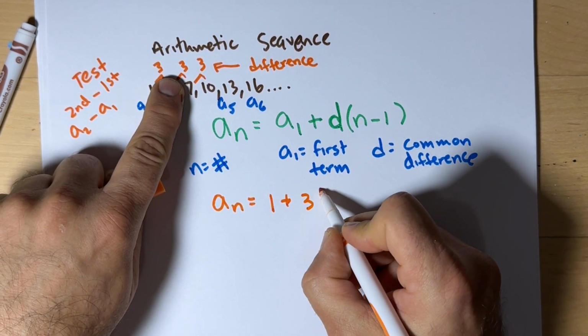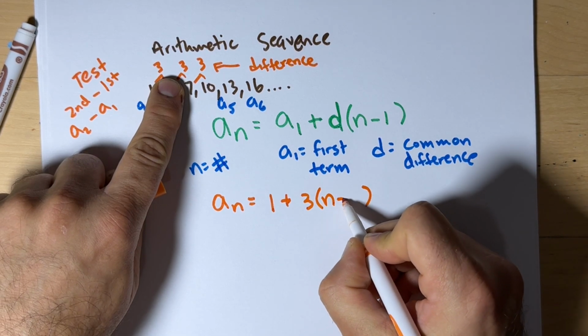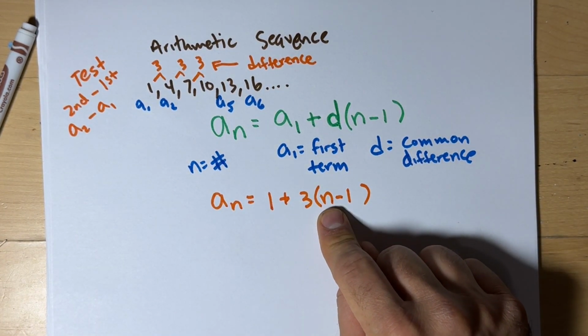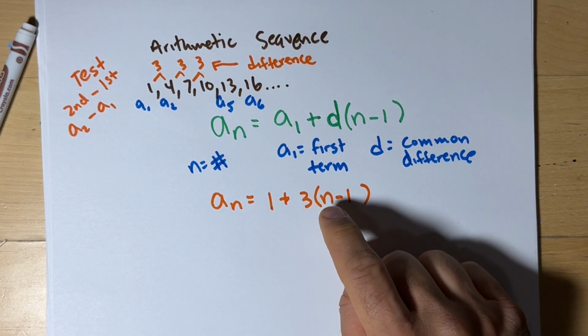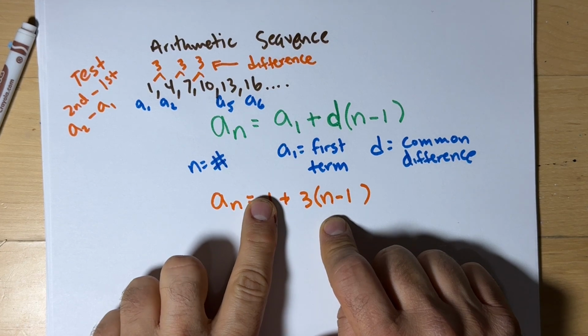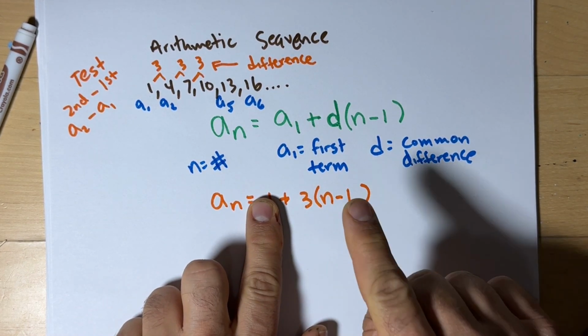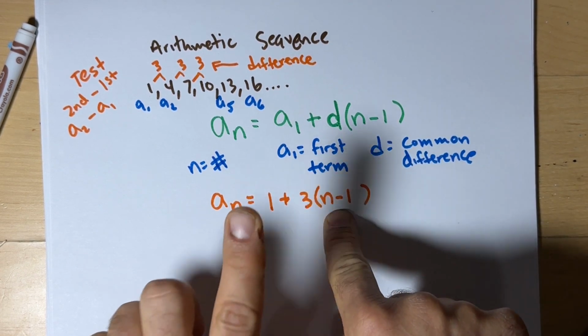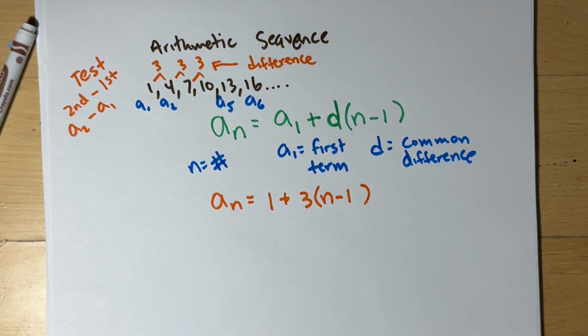We kept adding 3, times the number we want minus 1. So why do we think there's an n minus 1 in this formula? Well, because if we want to find the 30th term, we have the first one, plus we need 30 minus 1, or 29 more. So it's 29 plus the first one would make 30.